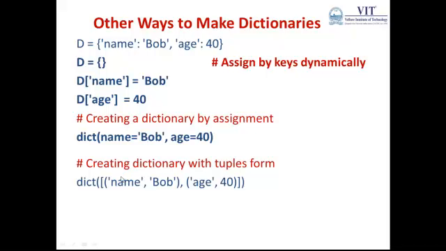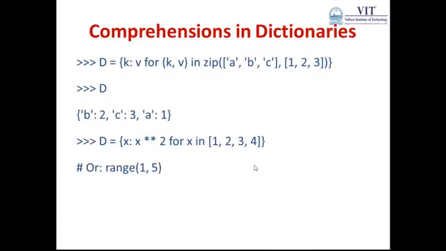You can even create a dictionary with tuples. A tuple normally comes in brackets like a function call. They are creating pairs of items, and since each is a tuple item, it is mapped as one single entity, key and value. So these are the other possible ways to make a dictionary.